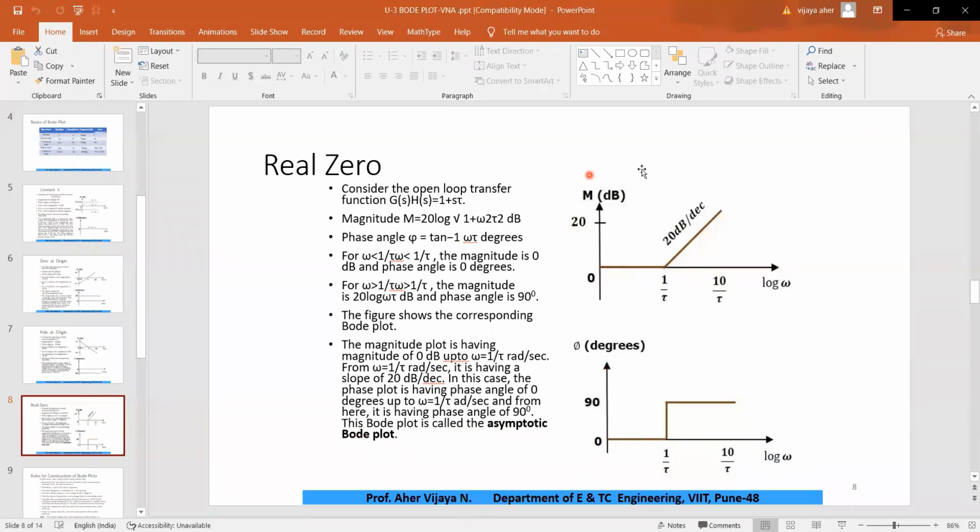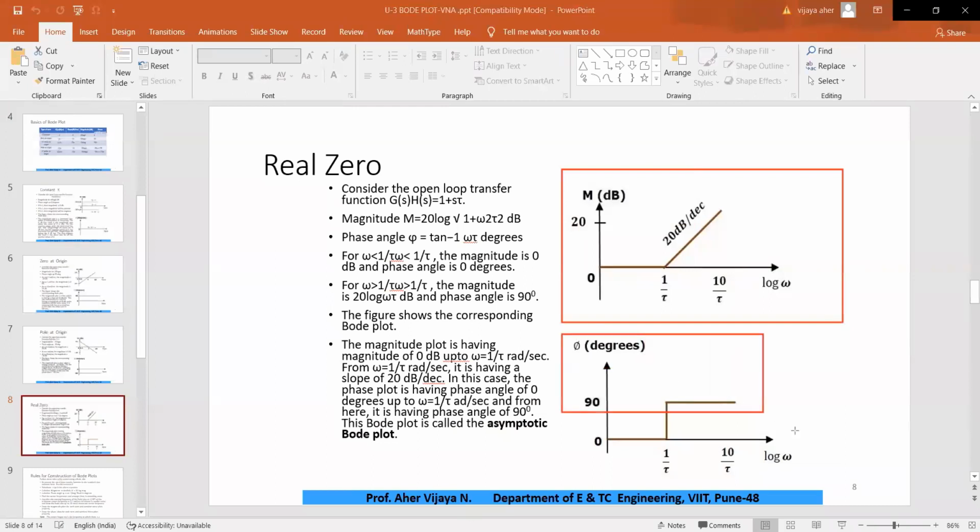This is your magnitude plot, and this one is your phase plot, and we are calling this Bode plot or Bode diagram as asymptotic Bode plot. So you have to remember this.